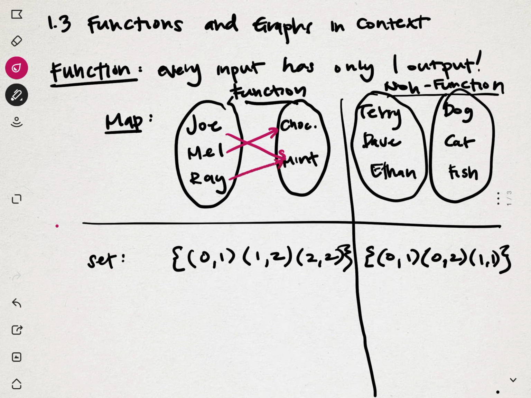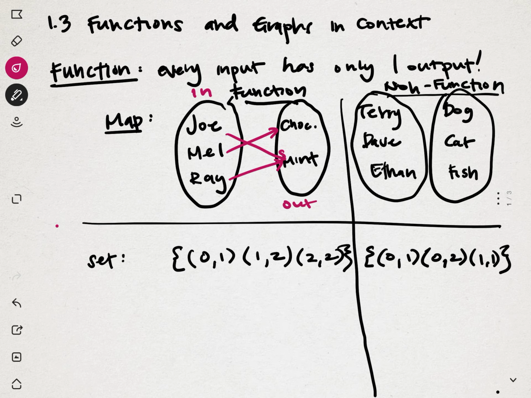This is a function because each person only has one favorite ice cream. That fits that every input, which is the people, has only one output, which is the ice cream. Even though Joe and Ray like the same thing, it's still a function because each of them only likes one thing.